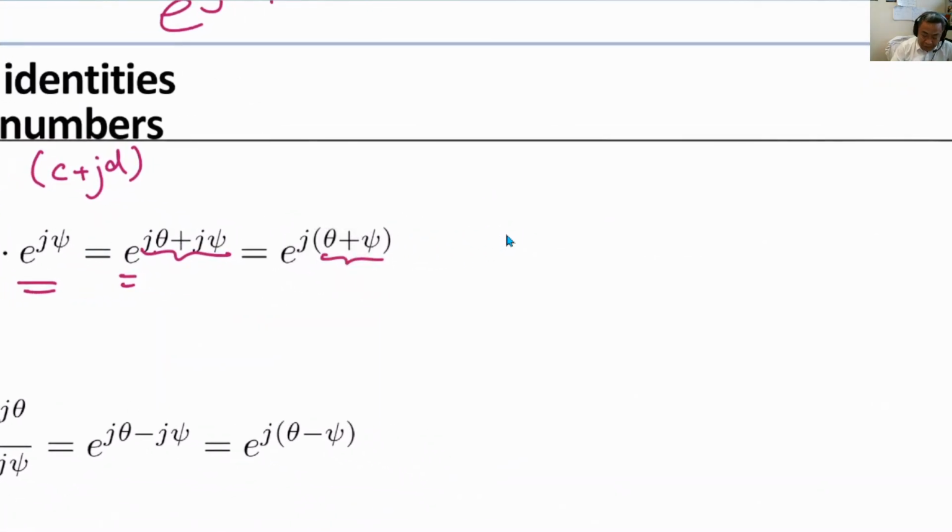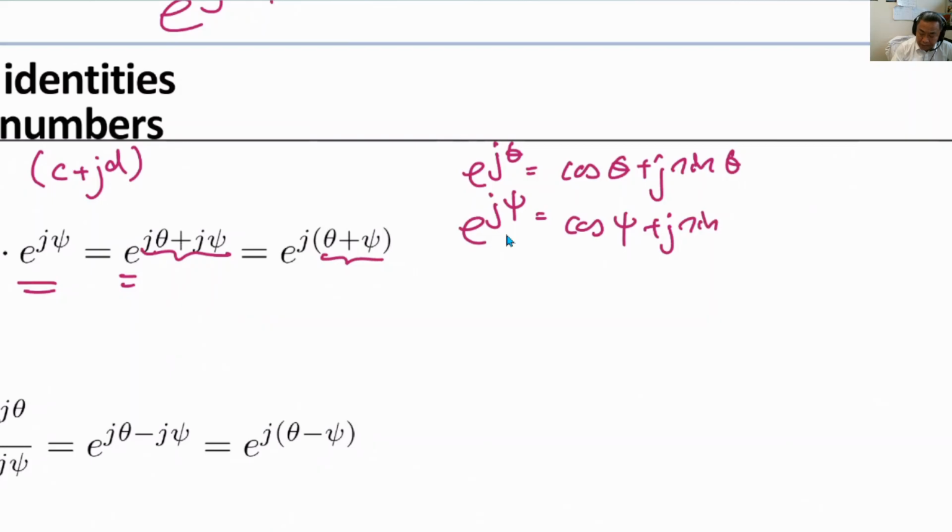Well, you first have to write e^(jθ) as cosine θ plus j sine θ, and e^(jψ) as cosine ψ plus j sine ψ. And then when you multiply them together, you collect the term cosine θ cosine ψ, and then the complex numbers are going to be multiplied together to form j times j, which is j squared.